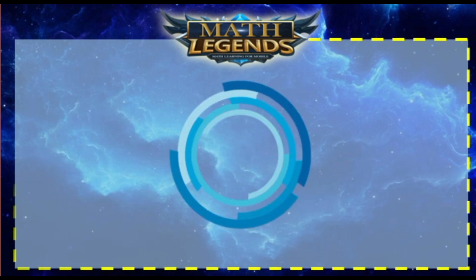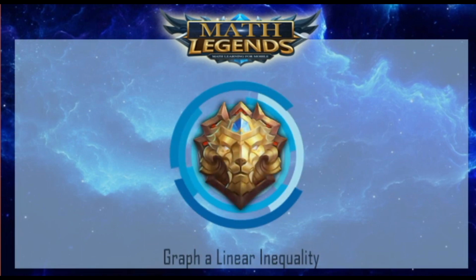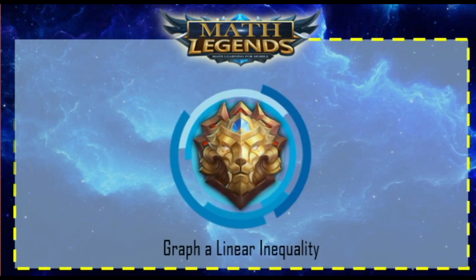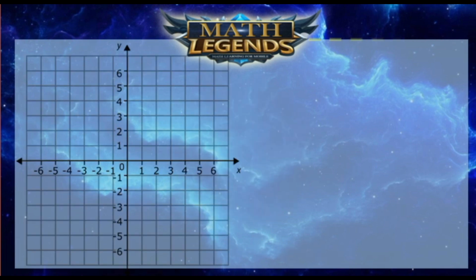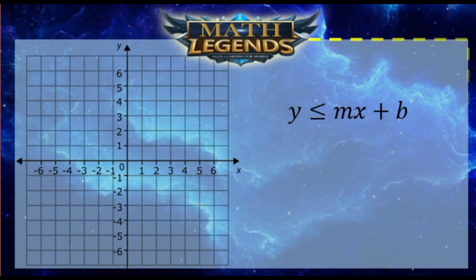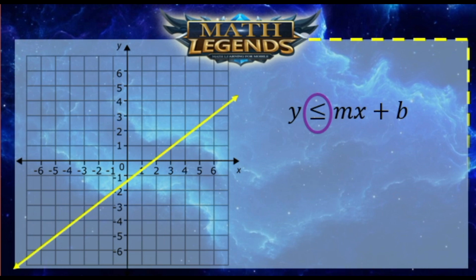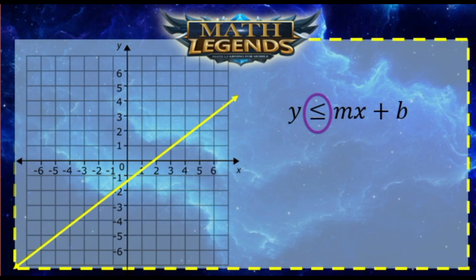Now, let us have the next lesson, which is all about graphing a linear inequality. So given a Cartesian plane, suppose that we have a given linear inequality wherein the inequality sign is less than or equal to. In here, we're going to use a solid line representing that the line is included as part of the solution.